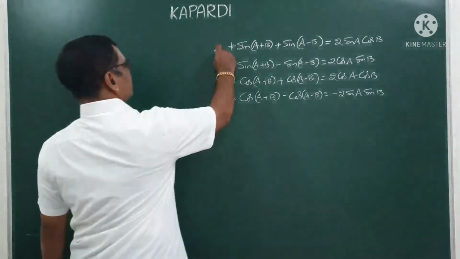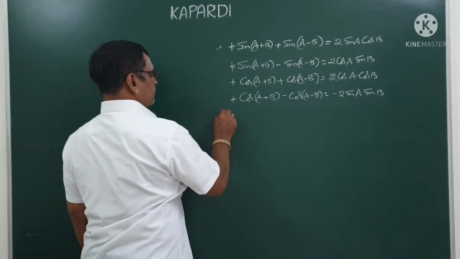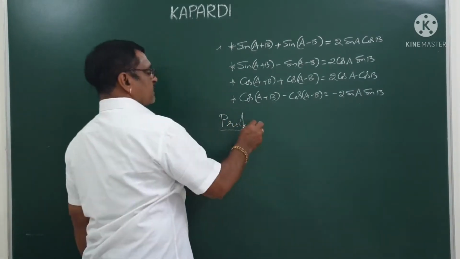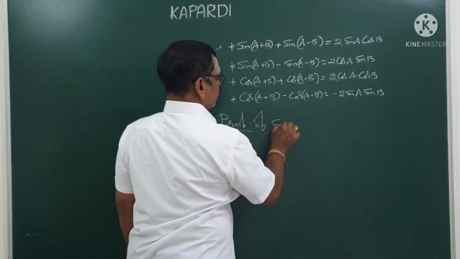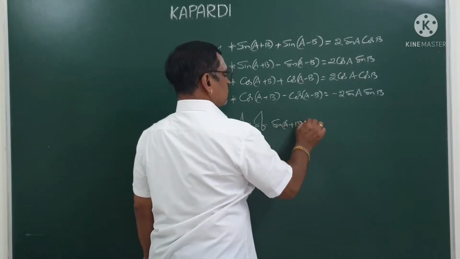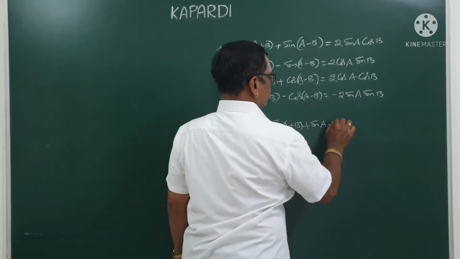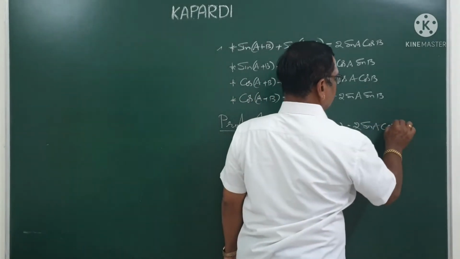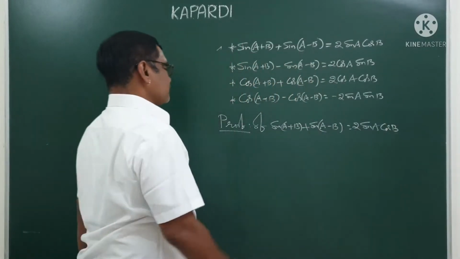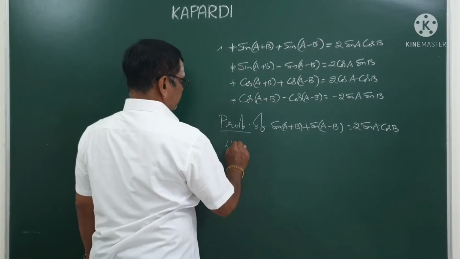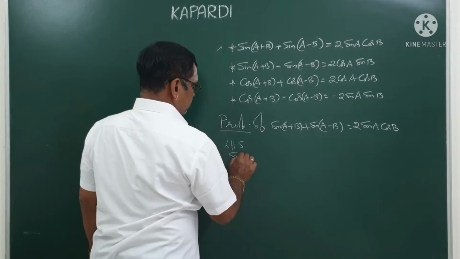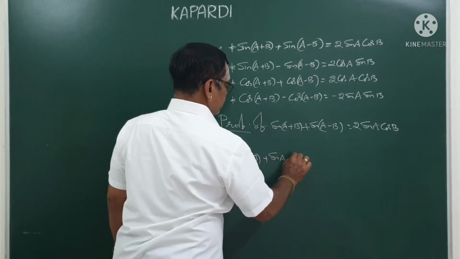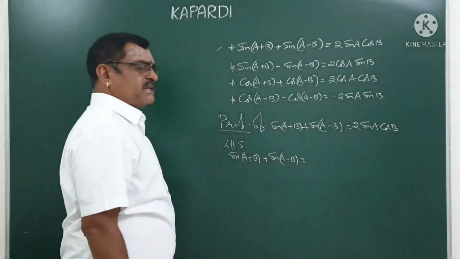I will take the first one, proof for sin of a plus b plus sin of a minus b is 2 sin a cos b. Very simple. Take the left hand side, sin of a plus b plus sin of a minus b. Just apply the identities.